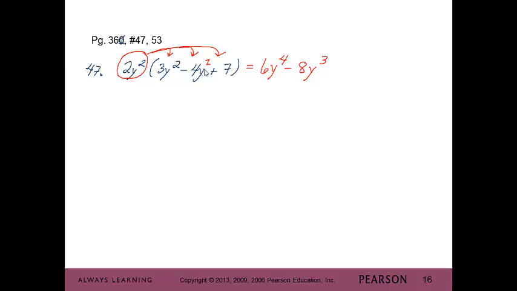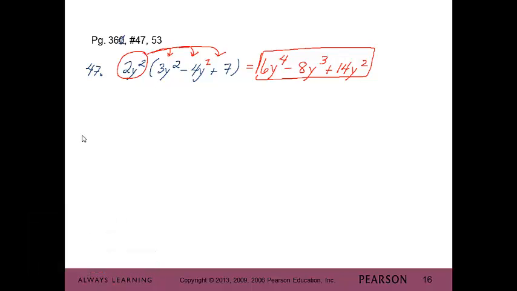Remember, this exponent's 1, and 2 plus 1 gives us 3. And then plus 14y squared. 2 times 7 is 14, and then you keep the y squared. So our final answer is 6y to the 4th power minus 8y to the 3rd plus 14y squared.